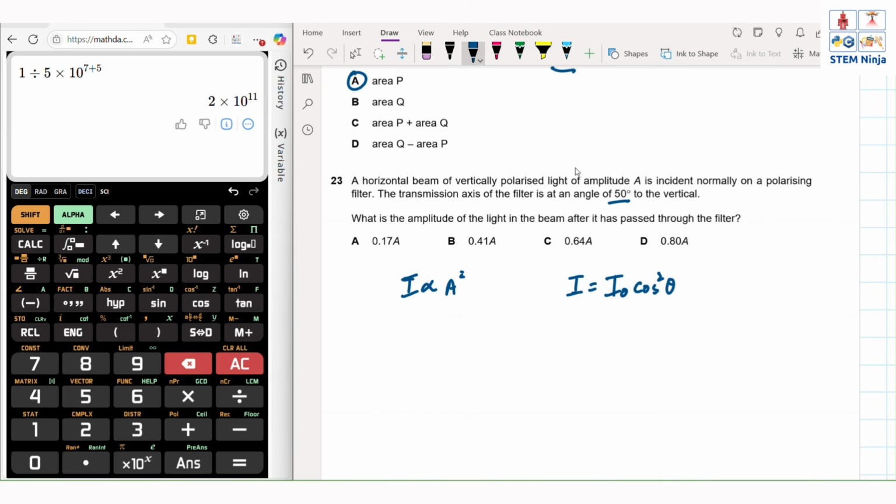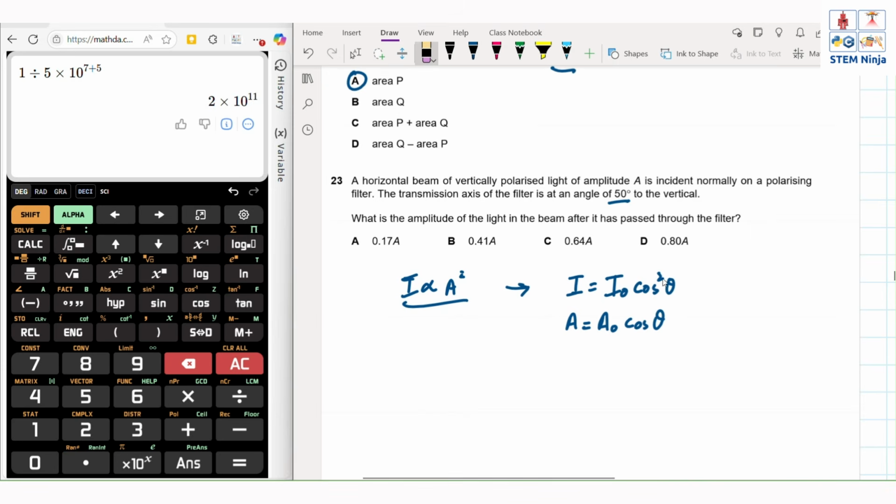Since intensities are proportional to amplitude squared, we can rewrite this in terms of amplitude as A prime equals A cos theta.